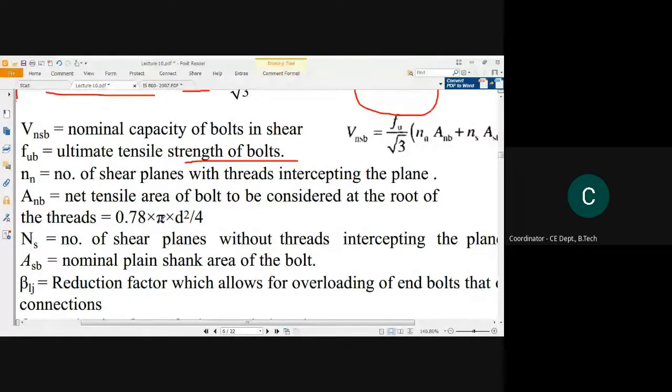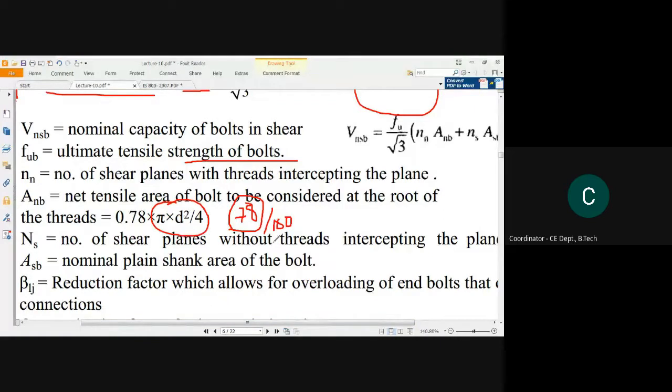We know how to calculate the circular area: pi into d square by 4, into C, 0.78, meaning almost 78 divided by 100. This means out of 100% of area, we are only considering 78% of area, multiplying with the area.